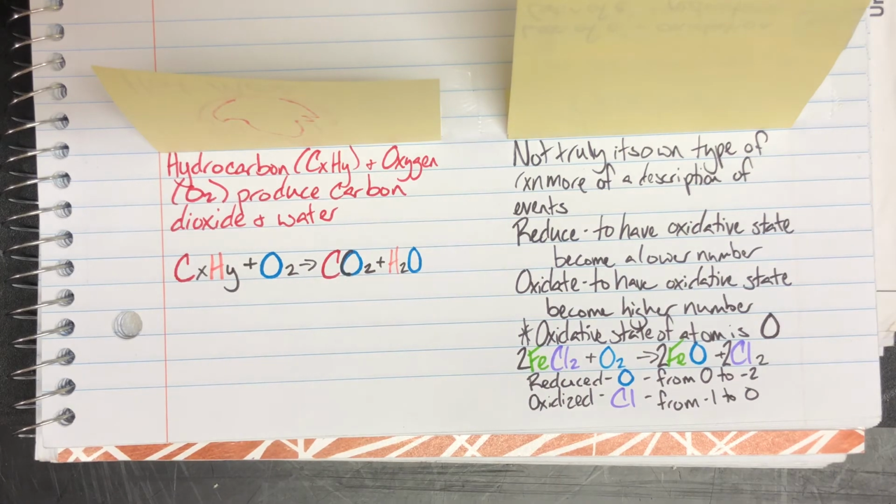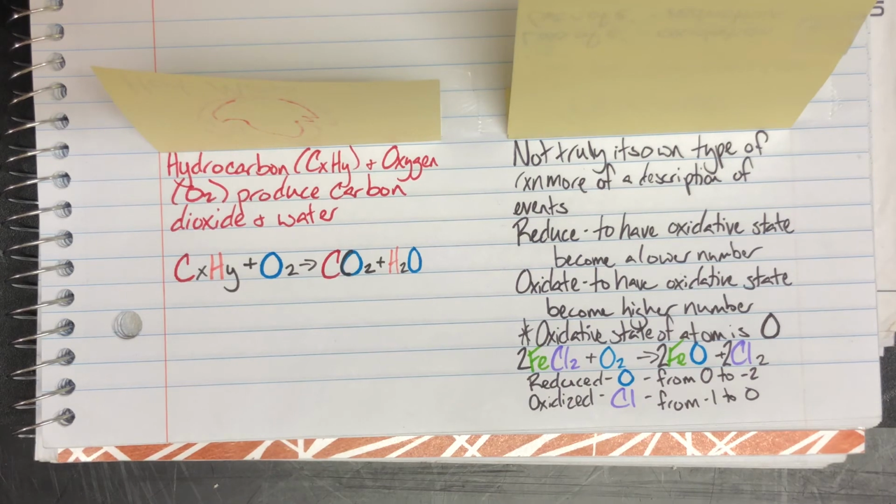Now what's important here is to remember that negatives are lower than positives. So even if I am gaining electrons, my oxidative state, my charge, is lower because I will have a negative number, and so I can reduce even if I am gaining electrons.